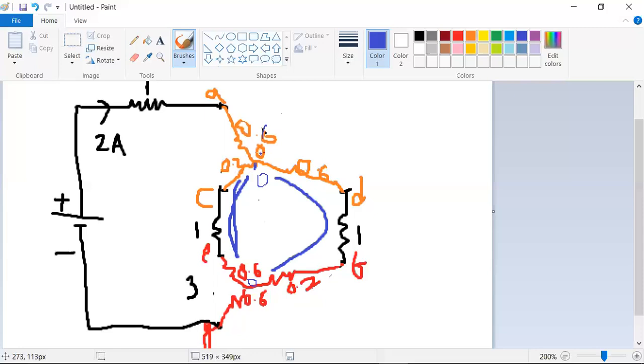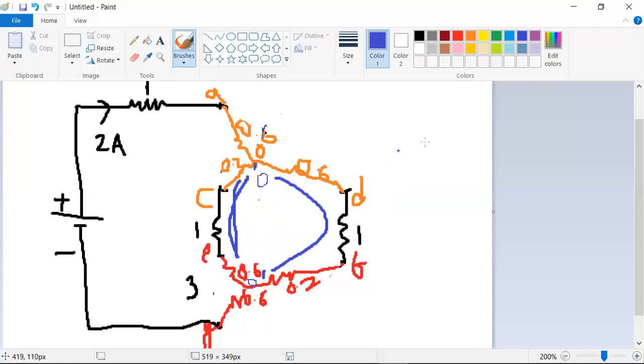From O to O dash, we have two parallel circuits, and within each parallel branch there is a series circuit. These 3 resistors, 0.6, 1 and 0.2, are connected in series. After adding up the series, the result will be parallel to the adjacent arm.